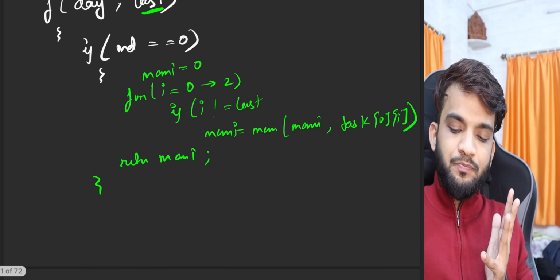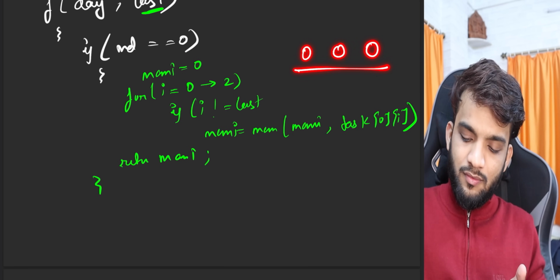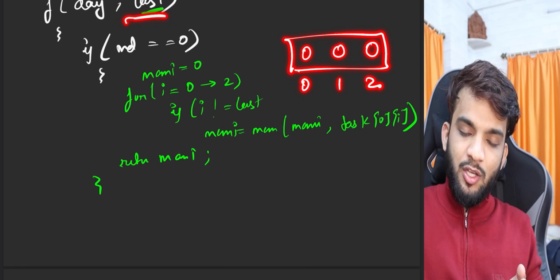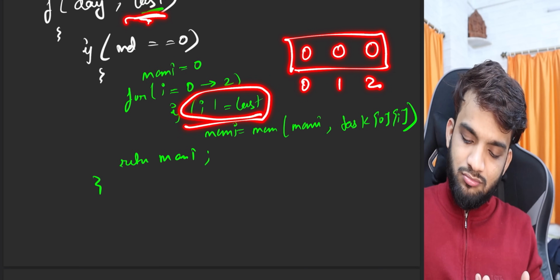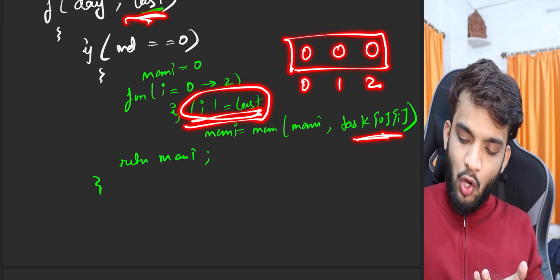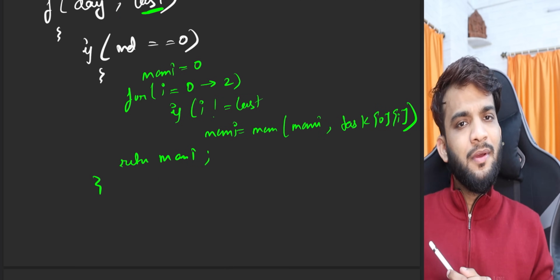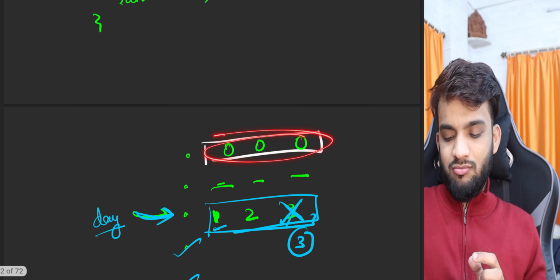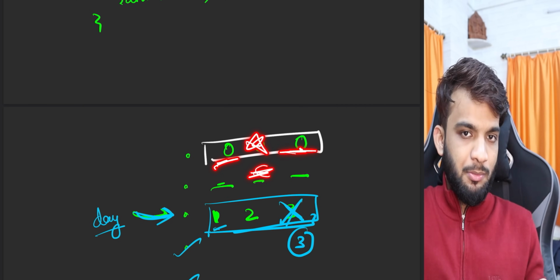Makes sense, because you were having tasks 0, 1, 2, correct? You said something was performed on the last day. So apart from that, consider all the other tasks, take the maximum among them and return. Makes sense? Because if this was performed, you don't take this, and you take this and this and the maximum of that.